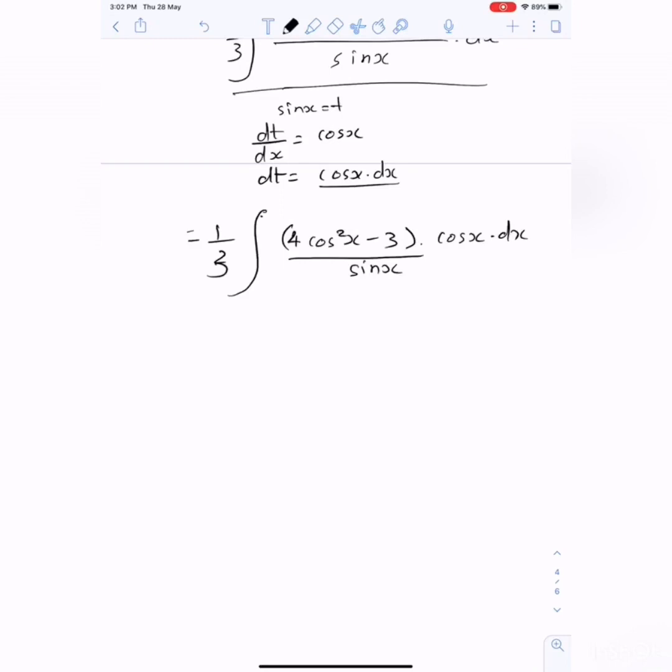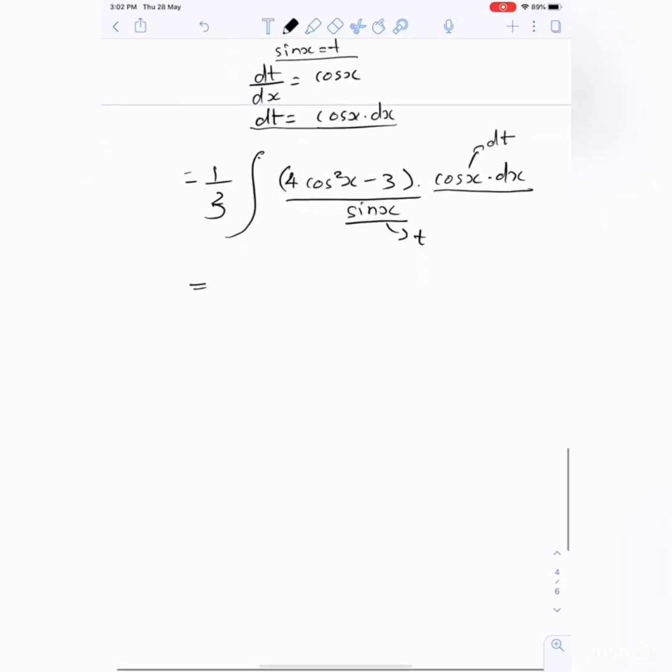Now we know cos x dx is equal to dt, so I can substitute this with dt, and we know sin x equals t, so I can substitute that with t. This would reduce our integral to 1 by 3 times 4 cos square x minus 3 over t dt.